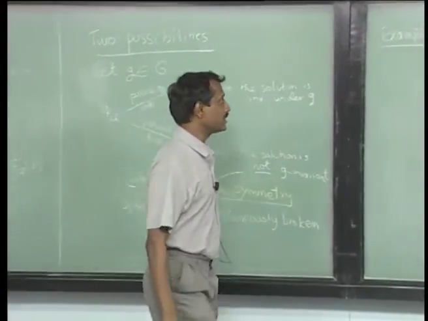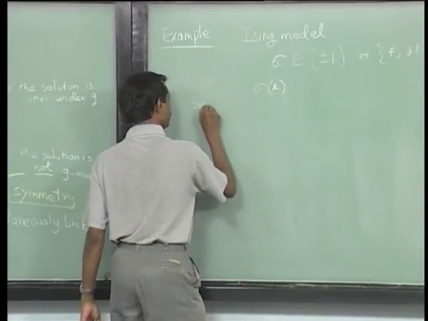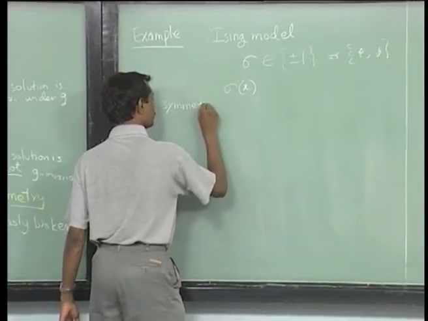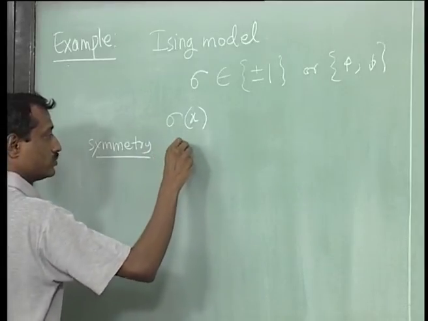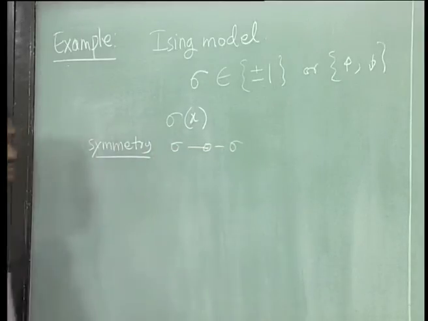So this theory has a symmetry, which is sigma goes to minus sigma. We know that all these up spins you can call them down, you can call down up. So there is a symmetry.